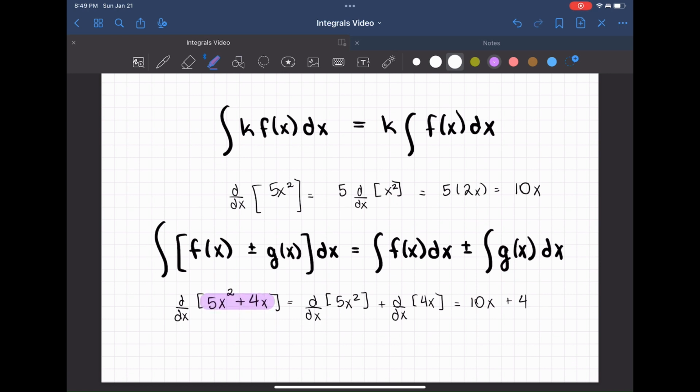Let's take 5x squared plus 4x. This is the same thing as first deriving 5x squared and then deriving 4x. Maybe you're doing it all in your head really quick, but that's what's happening in the background when you really break it down. The derivative of 5x squared gives us 10x, and the derivative of 4x is just 4, so we combine that to get 10x plus 4. And the same thing happens when you integrate.